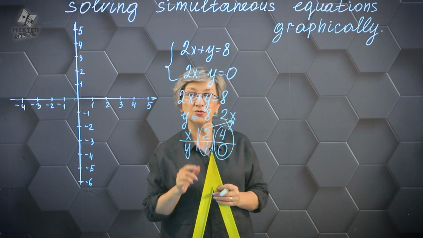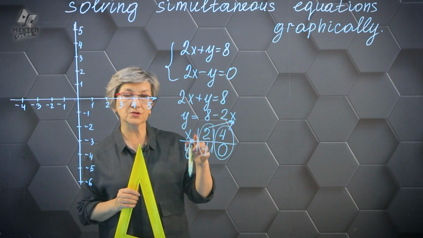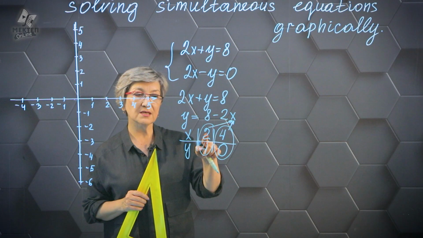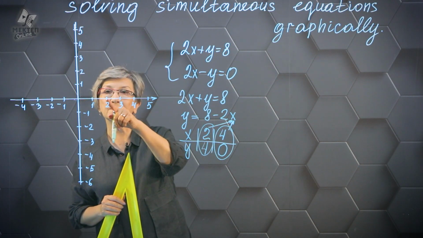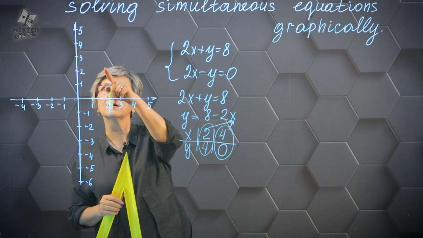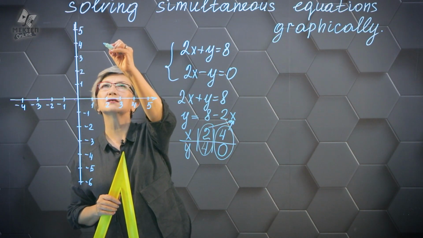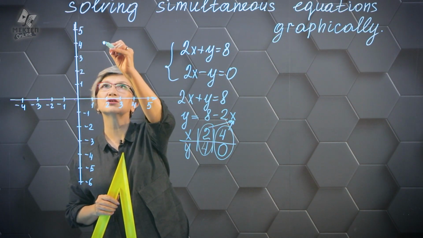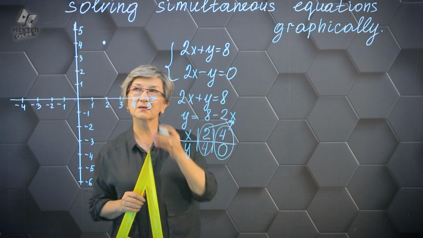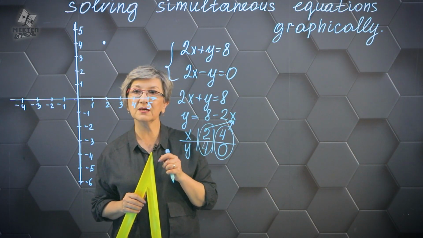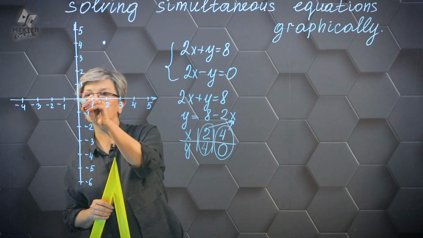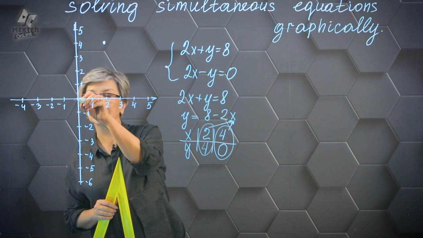We will denote these points on the coordinate grid. The first point is (2, 4): at x equal to 2, and y equal to 4. As a result, the point with coordinates (2, 4) will be found in the first quadrant. The second point is (4, 0). We begin our movement. First, the coordinate 4.